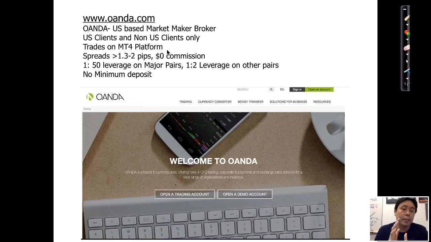But Oanda seems the best of the brokers used by US clients, based on reviews I've read. Both these brokers trade on the MT4 platform, which is the platform I've been showing in my demonstration. They have relatively tight spreads of 1.3 to 2 pips.